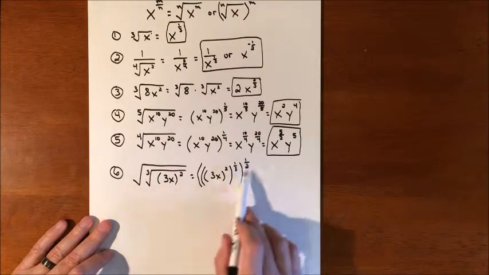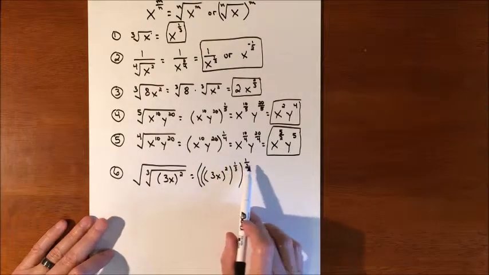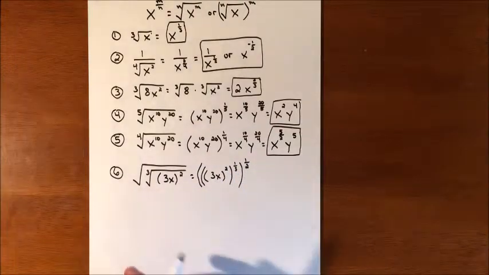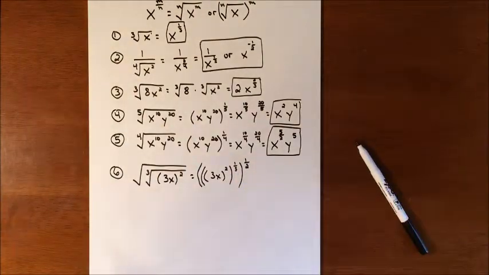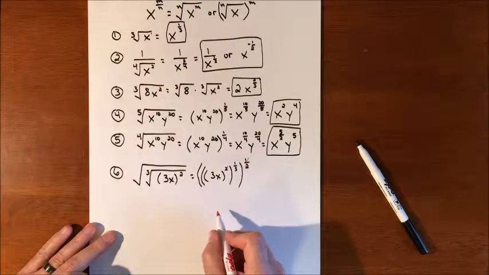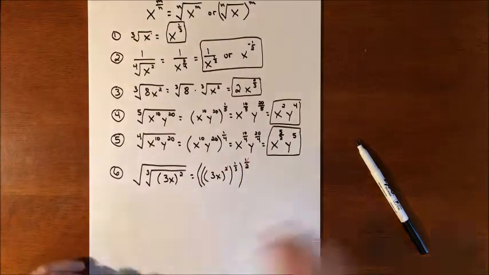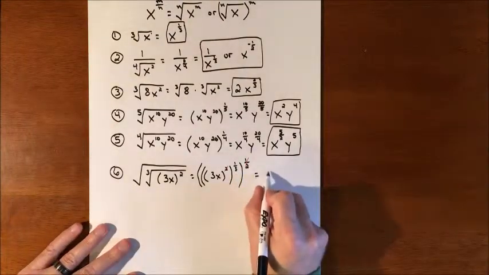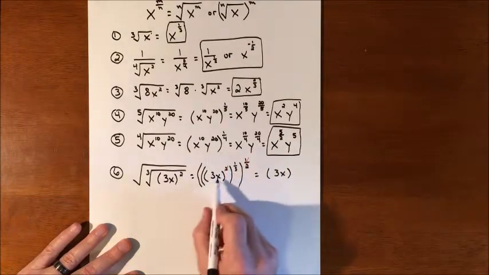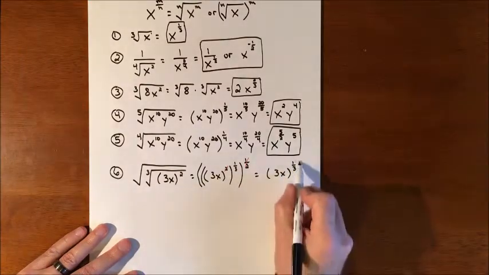We can do this in any order we want. So we could take 2 times 1/3 times 1/2, or 1/2 times 2, and those two values are actually going to simplify each other because half of 2 is 1, so they'll cancel each other away, make that a 1. So really you're only left with a 1/3 power. So that becomes the 3x piece that was the base raised to the 1/3 power.